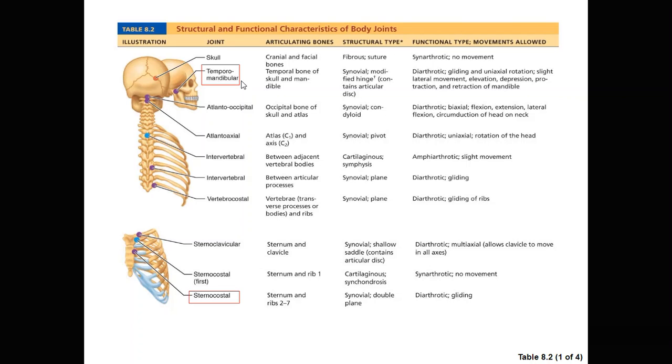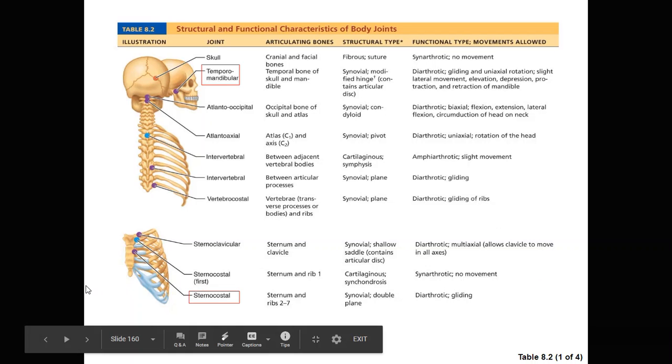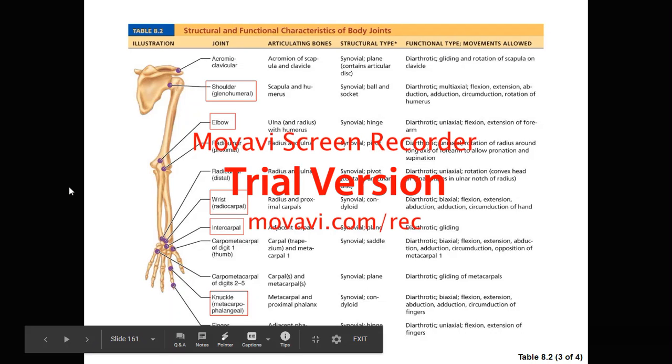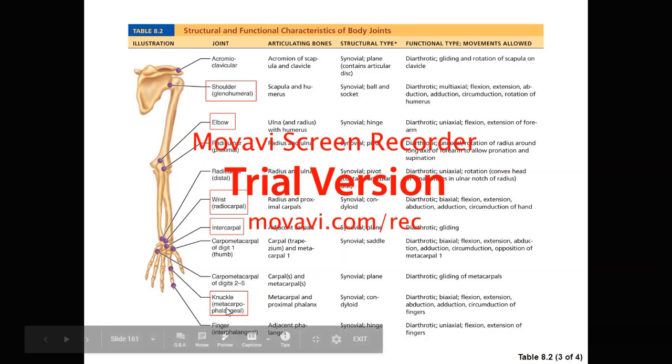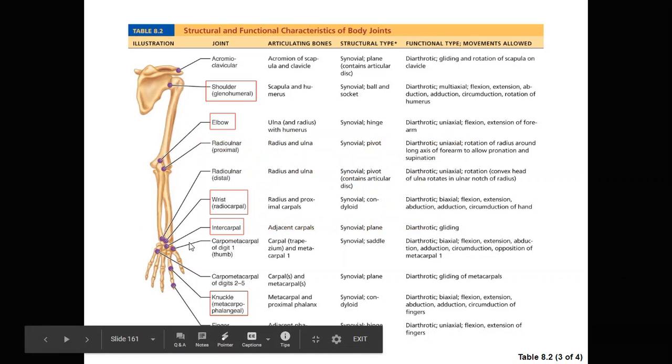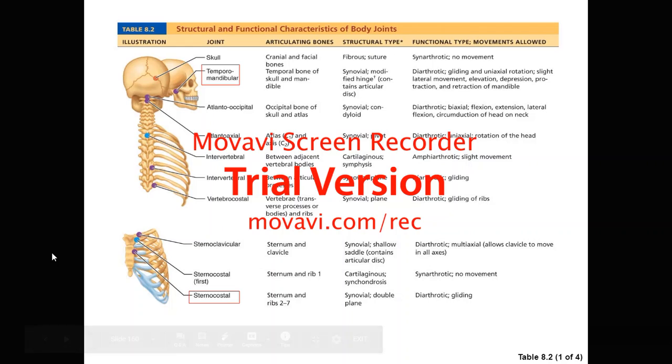If we go to the next slide, you see some more joint types that are in red boxes. Again, anything in red is something you should definitely know for the test. Some of these we have talked about, some we may not have. In the previous slide, they had the temporomandibular joint.